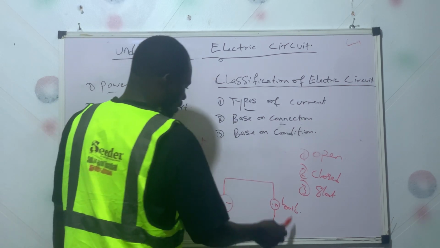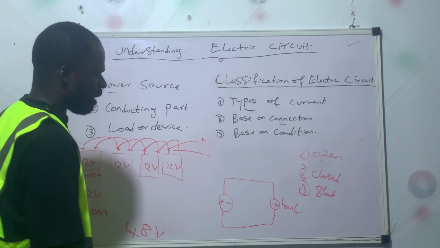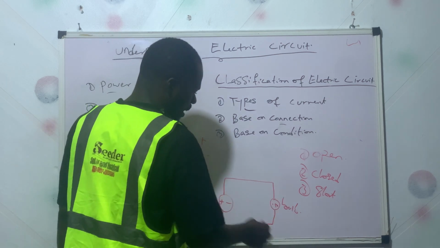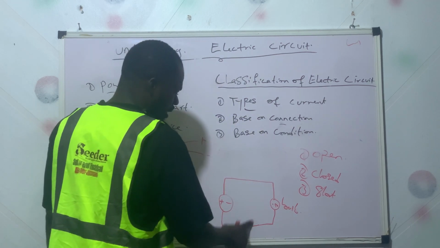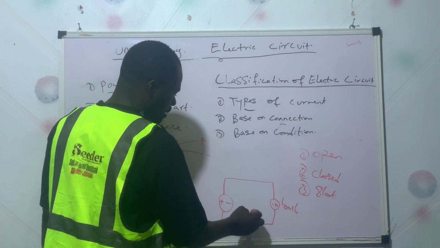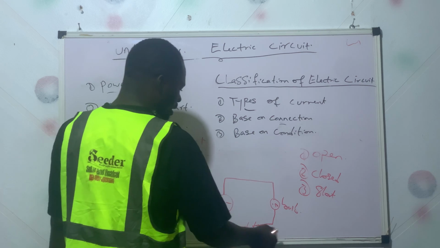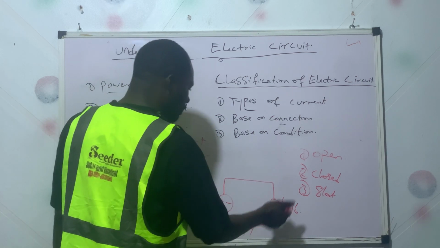This will be the only complete circuit. A closed circuit is the only complete circuit that you have in this type of condition, because the whole part is complete. This bulb will definitely glow. But when the connection is broken, let's say you have a switch here that breaks this connection, this bulb will not glow.